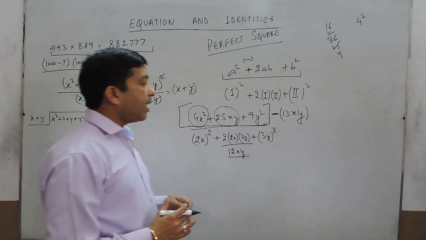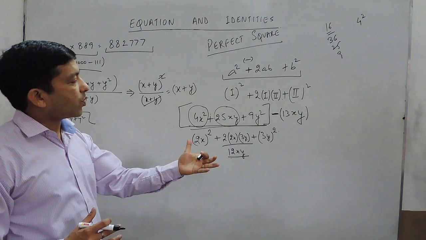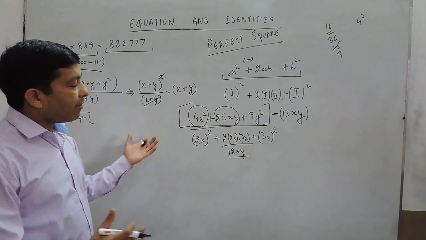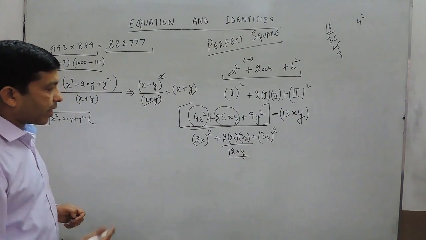So we should understand when a particular algebraic expression will become a perfect square, or it may become a perfect cube, or it may have 3 different variables instead of 2 variables like x and y.